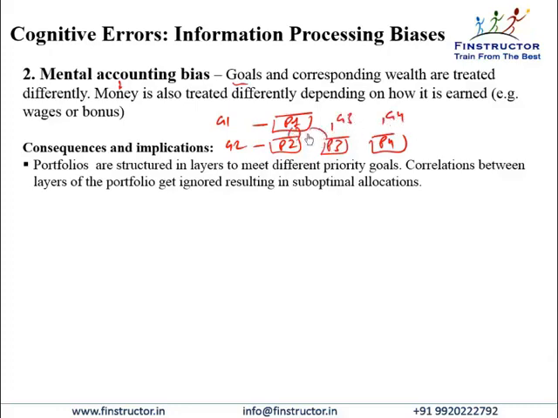Correlations between the portfolios get ignored, which is incorrect from a traditional finance sense, because all these are actually a part of one single portfolio, and addition of any new stock to any portfolio should not just consider that portfolio but also the overall allocation of the investor. So this results in suboptimal purchases and suboptimal allocations from a traditional finance perspective.